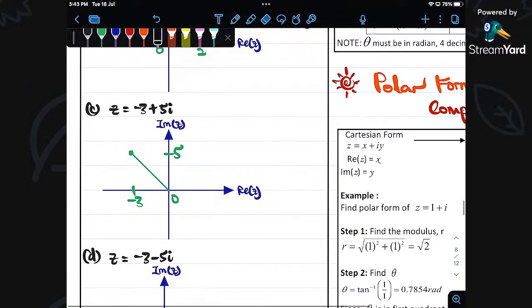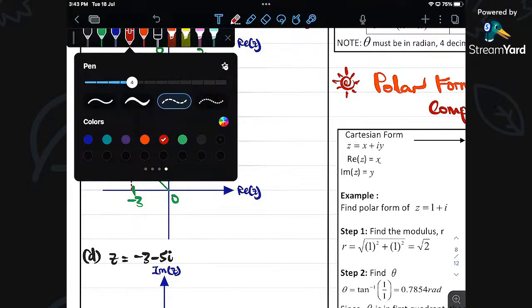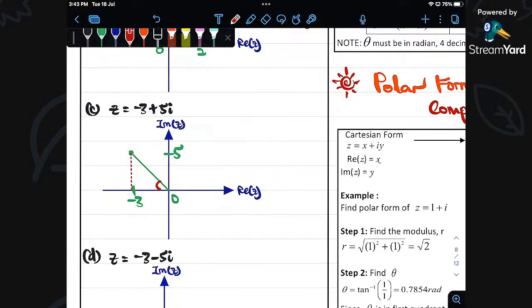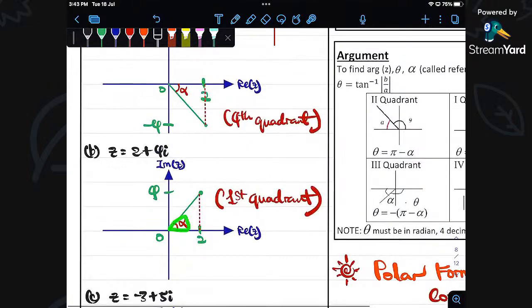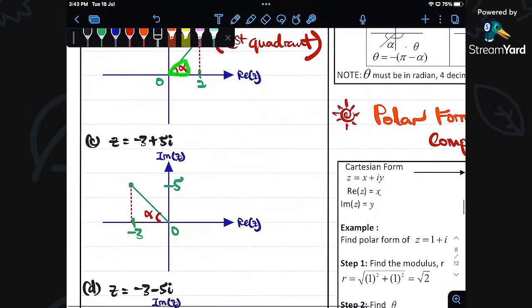And then you put a dotted line. Okay, dotted line. And then you put dalam triangle ni mempunyai alpha. Kalau you perasan, angle sentiasa di dalam triangle. Alpha ni sentiasa di dalam right angle triangle.